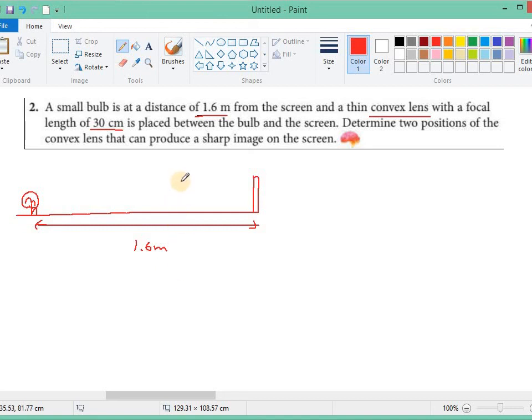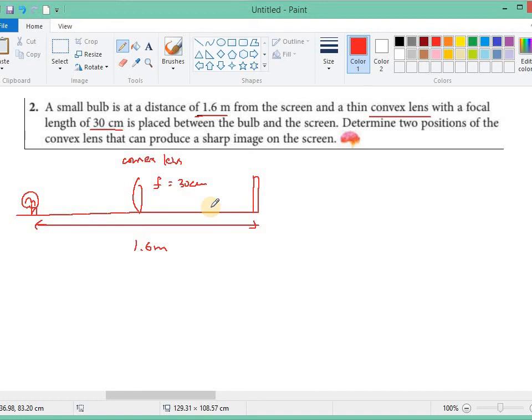A thin convex lens with focal length 30 cm is placed between the bulb and the screen. Determine two positions of the convex lens that can produce a sharp image on the screen.